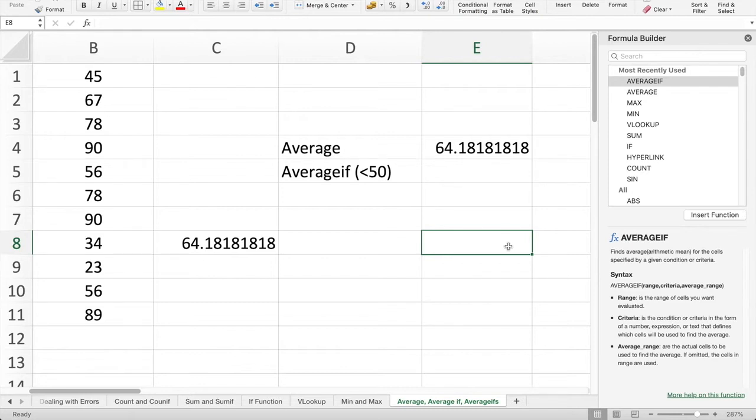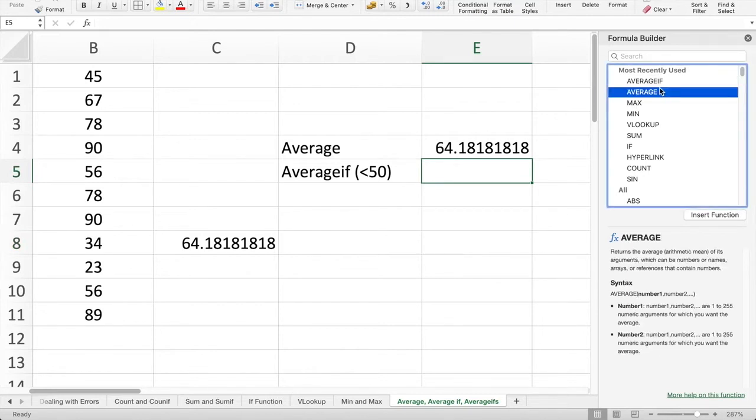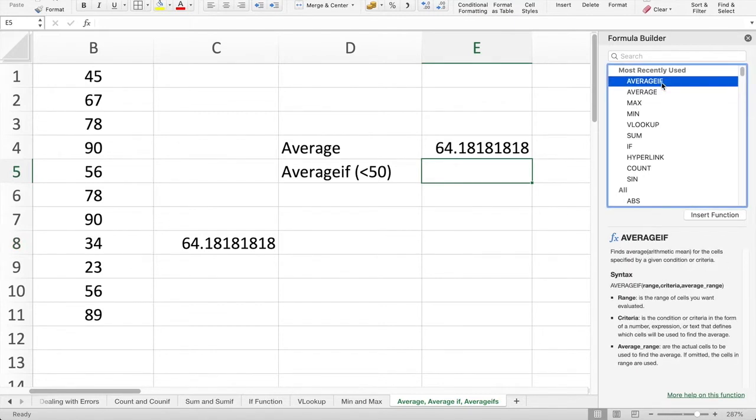Now for the AVERAGEIF function, let's click AVERAGEIF. Microsoft Excel says that AVERAGEIF finds the average, or what we call the arithmetic mean, for the cells specified by a given condition or criteria.